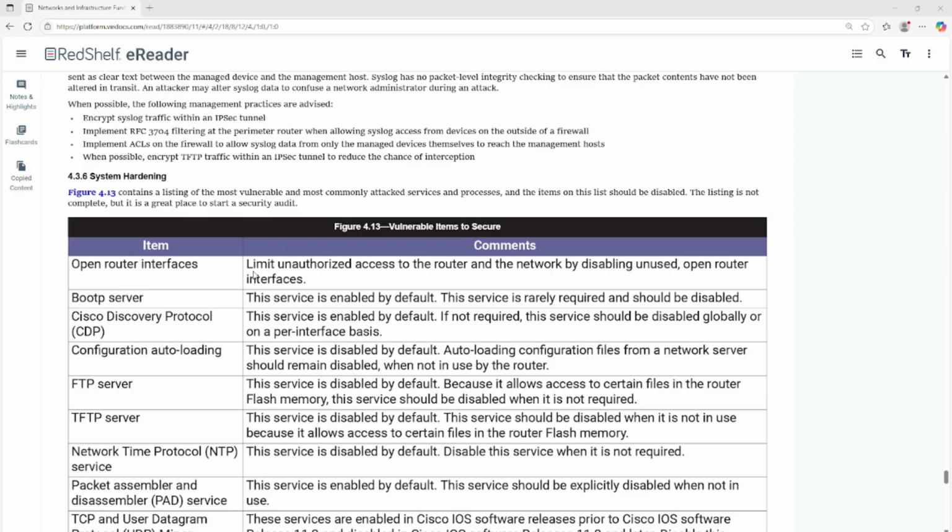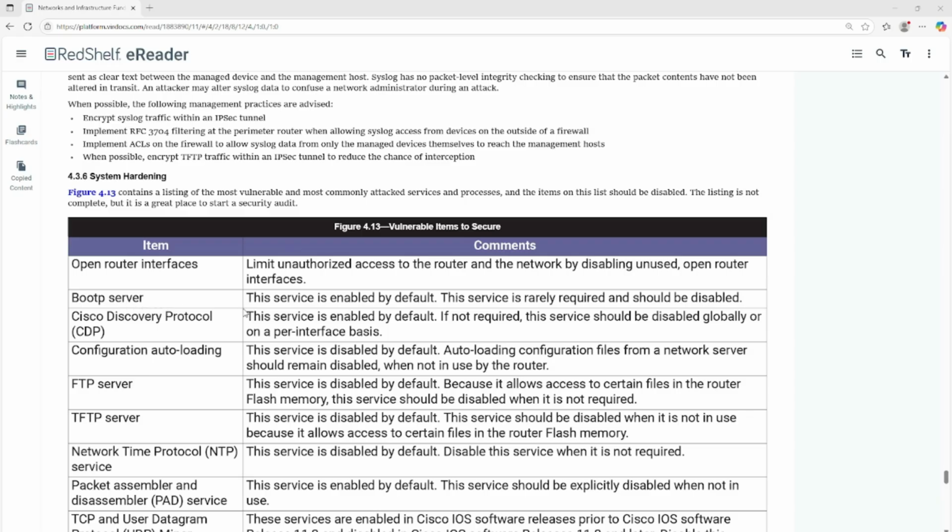What does it do? It limits unauthorized access to the router and the network by disabling unused open router interfaces. Therefore, if you have an interface that is not in use, disable it.